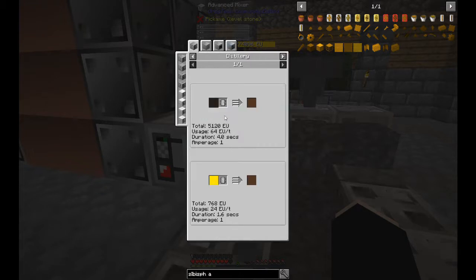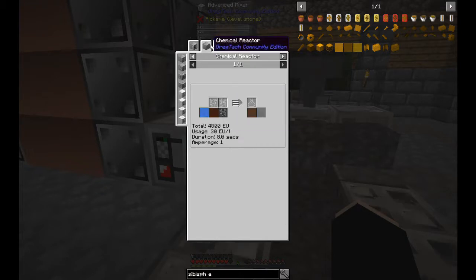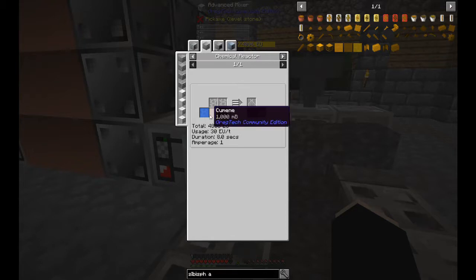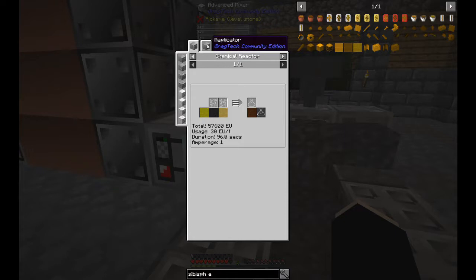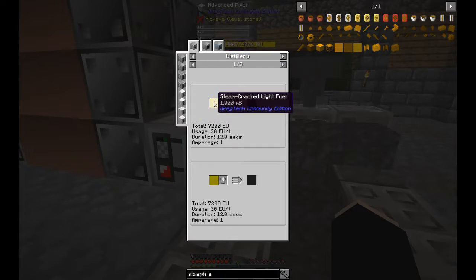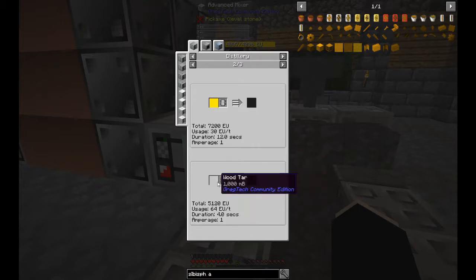Phenol. Now this is a pain. So the chemical reactor one with cumene, where I would try to get cumene from benzene, phosphoric acid, and propane. Benzene comes from steam cracked, or wood tar.